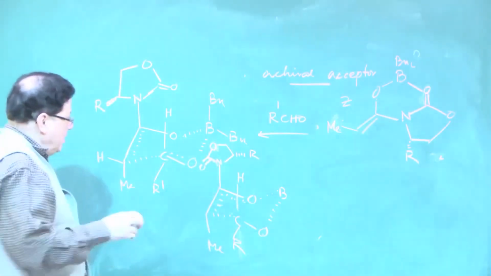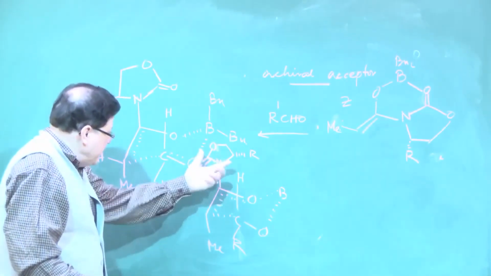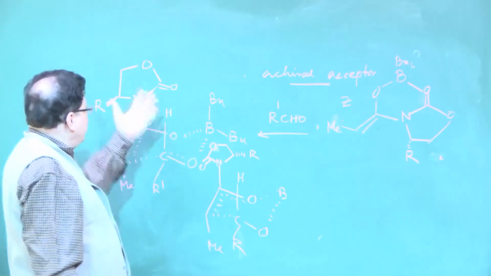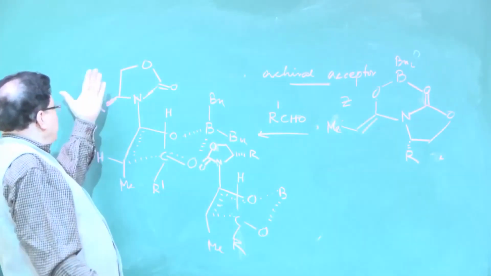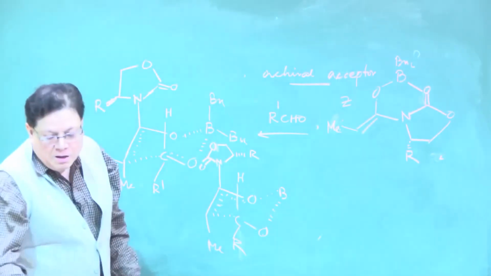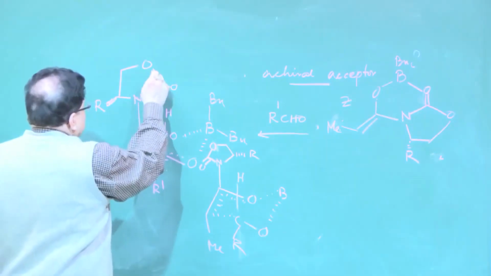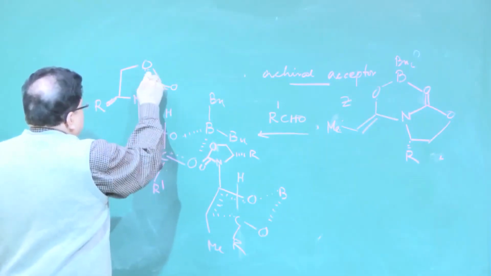So, this oxazolidinone ring will either adopt this orientation or it can adopt the other orientation, where the carbonyl will be on this side. Okay. Now, according to Evans, what happens is that because of these two conjugations, this will be delta negative.